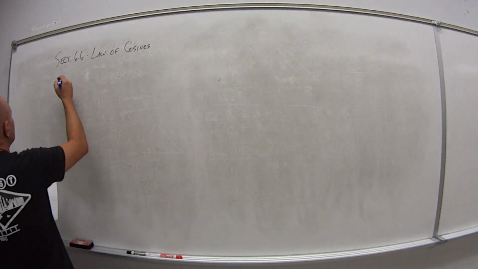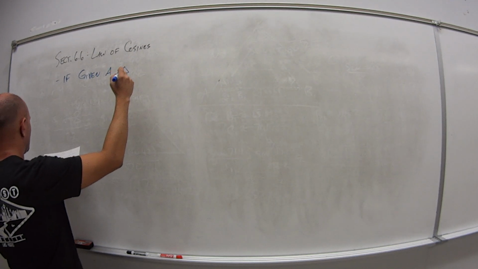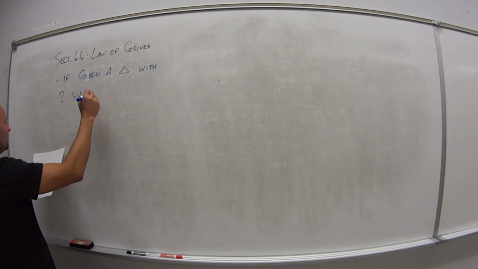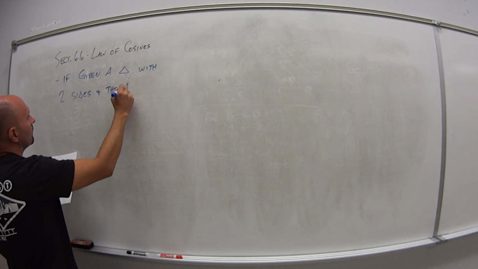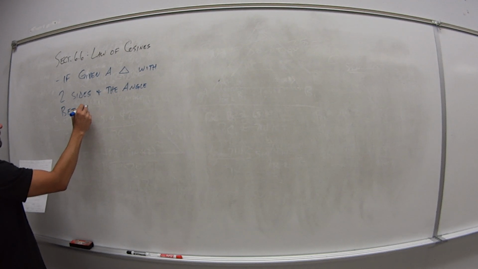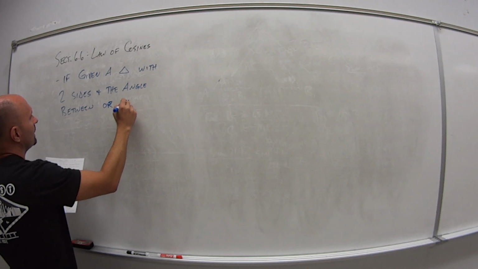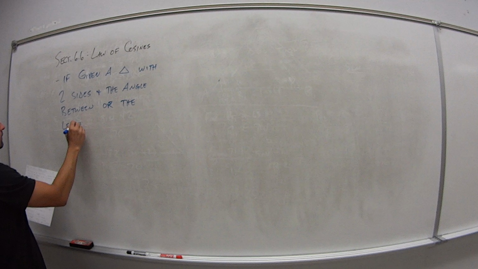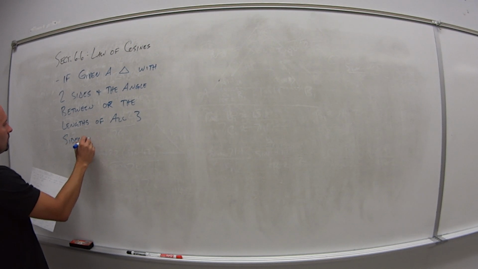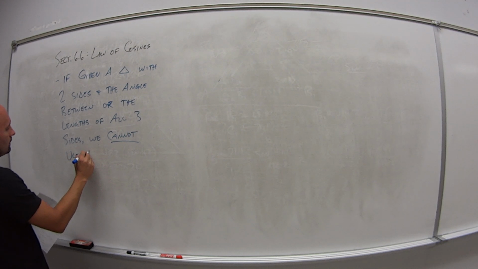But if given a triangle with 2 sides and the angle between them, so not the angle opposite, but the angle between them, or the lengths of all 3 sides, we cannot use the law of sines.